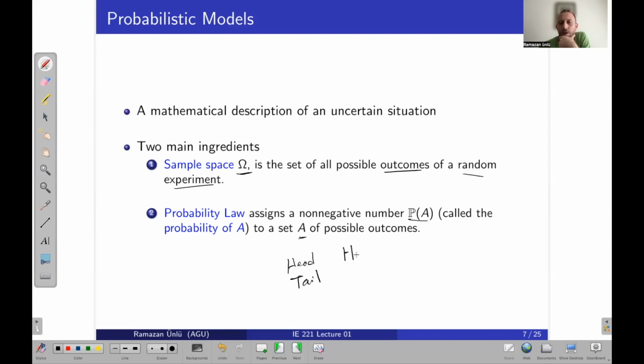So H and T. So this will be our omega. So this is our sample space, and tossing a coin itself is a random experiment. So this is a fair coin, and tossing a coin is just a random experiment.